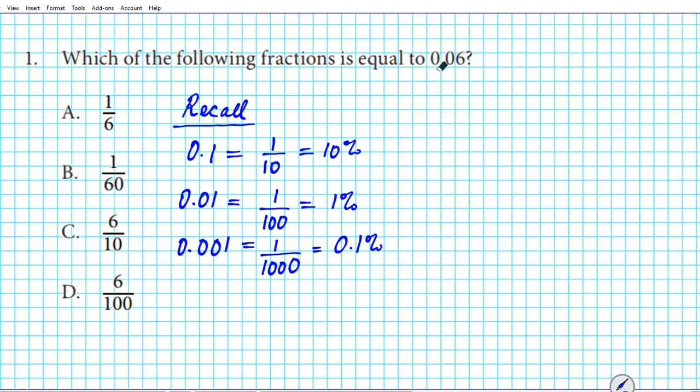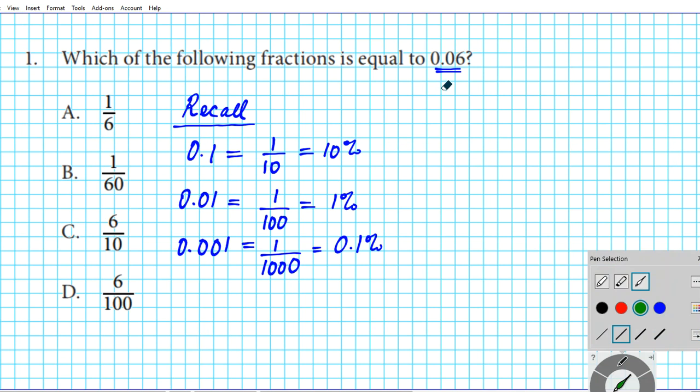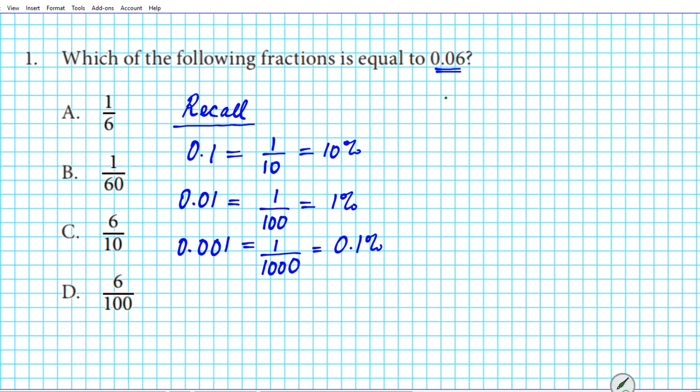Now let's go over this particular problem. What are the steps involved in converting 0.06 into fractions, since we have fractions as our options? Let's go over the steps, and then we will apply it to this particular problem. So the steps are to convert decimals to fractions.